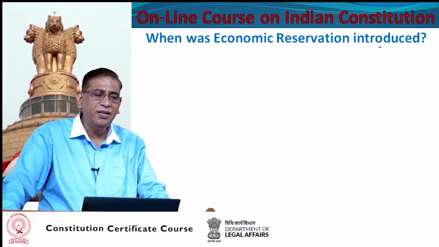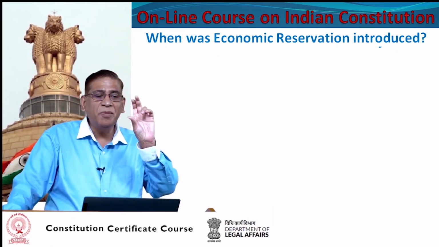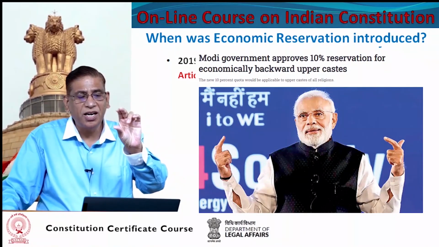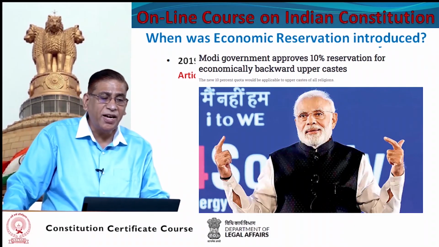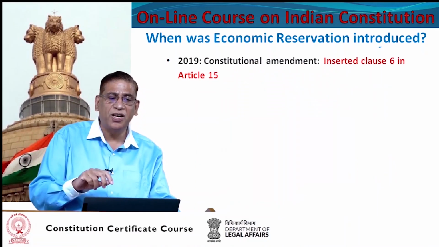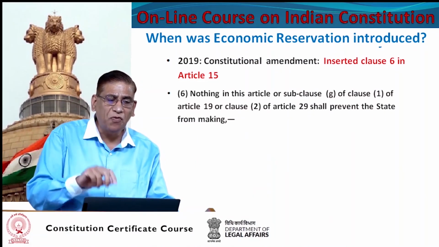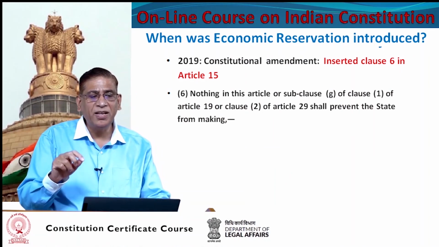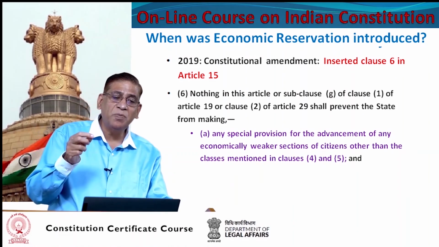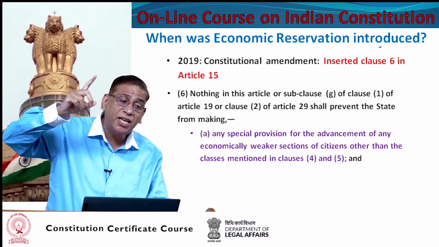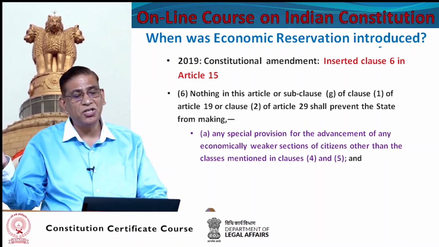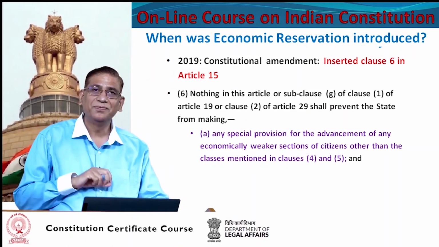In 2019, a constitutional amendment was made and clause 6 was inserted in Article 15, which provided nothing in this article or subclause G of clause 1 of Article 19 or clause 2 of Article 29 shall prevent the state from making any special provision for the advancement of any economically weaker sections of citizens other than the classes mentioned in clauses 4 and 5.